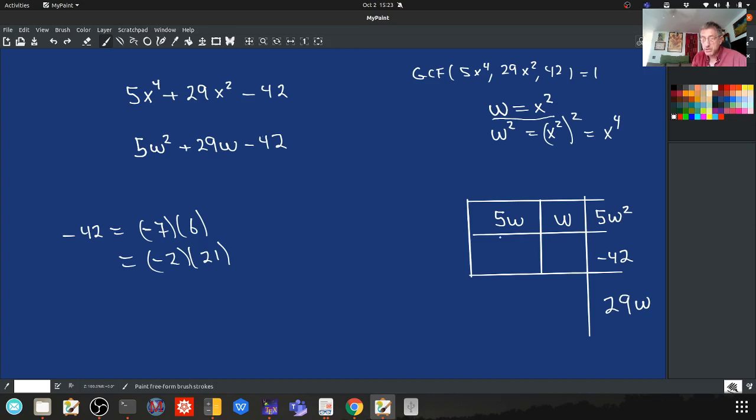This is one you just hate. Try 7 here and minus 6 here. So 5w times 7. Yeah, we haven't tried that one. That's 35w. And w times minus 6 is minus 6w. Finally, we get it. 35w minus 6w is 29w.